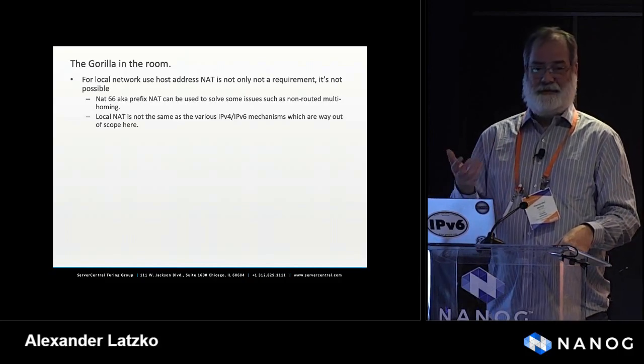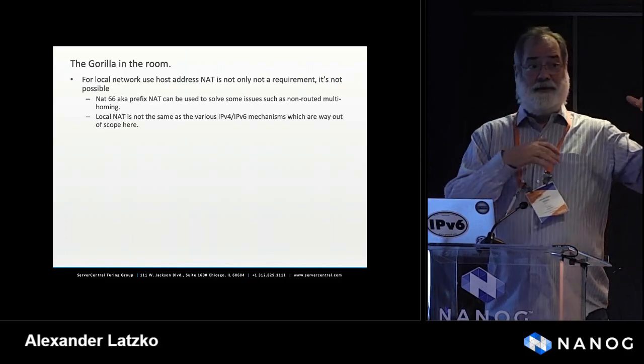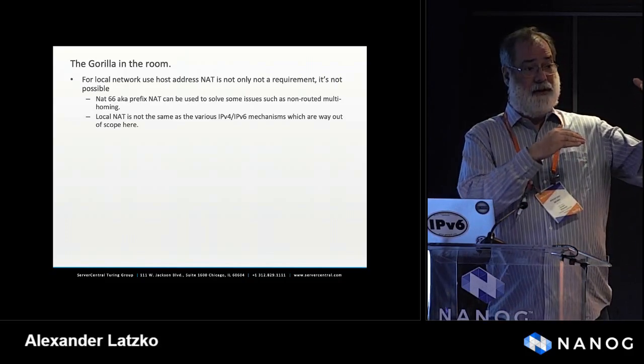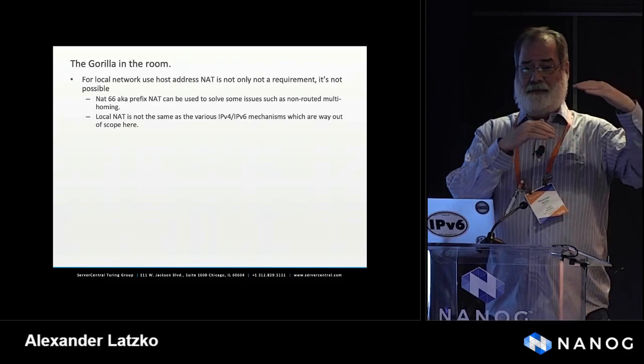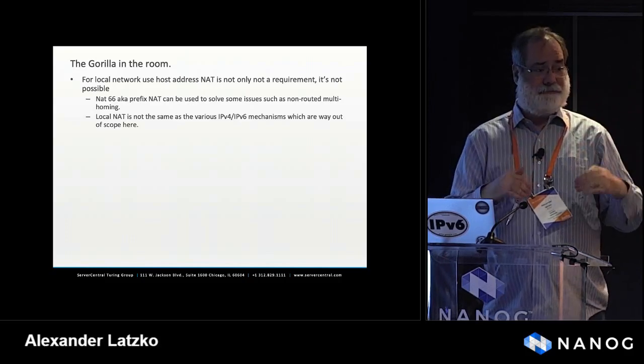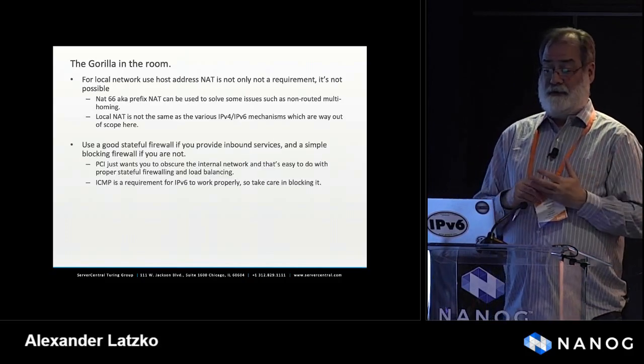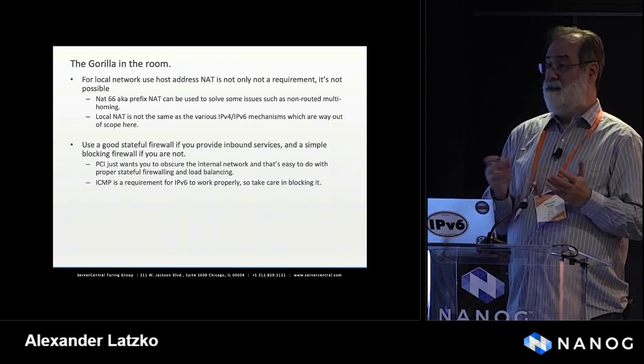So it's not the same as local NAT in IPv4 land, where you take 416 machines and map them out of one port and hope that your port mapping doesn't break on the way back. Use a good stateful firewall if you're providing inbound services, and a simple block if you don't.